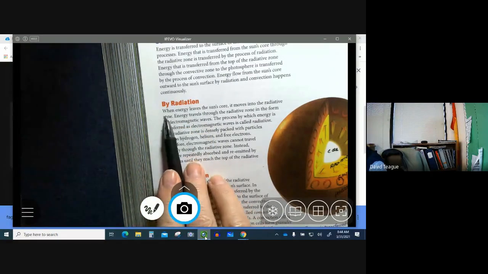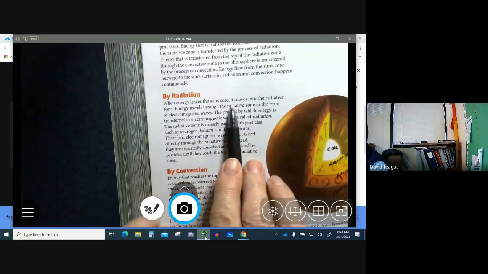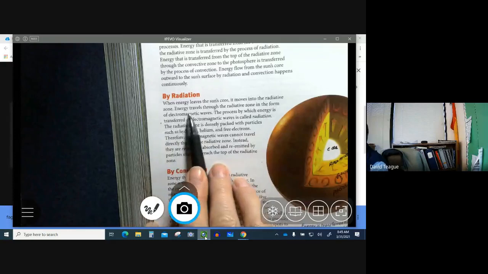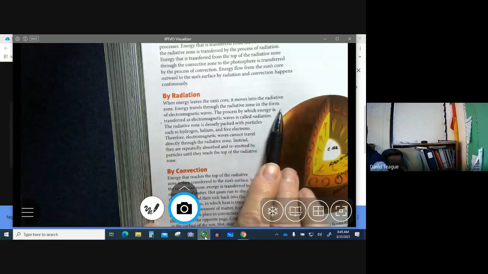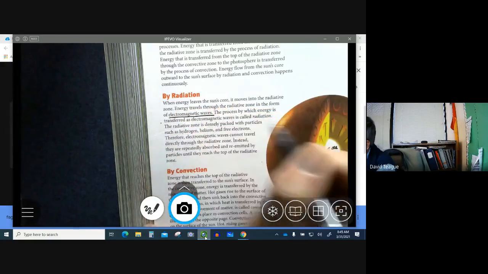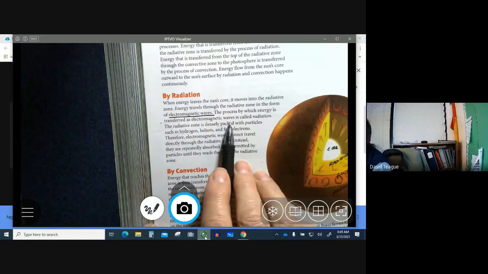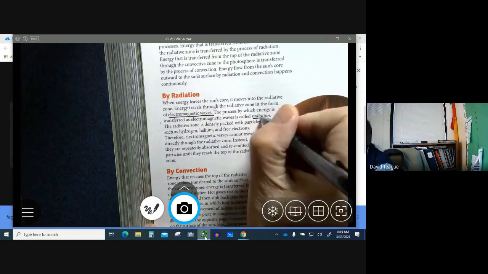By radiation, when energy leaves the sun core, it moves into a radiative zone. Energy travels through the radiative zone in the form of electromagnetic waves. The process by which the energy is transferred as electromagnetic waves is called radiation.